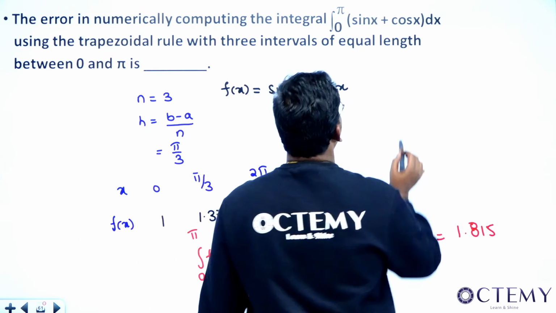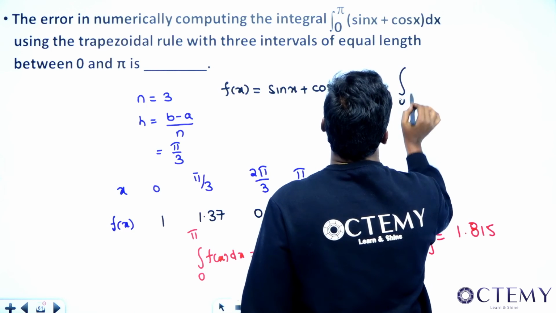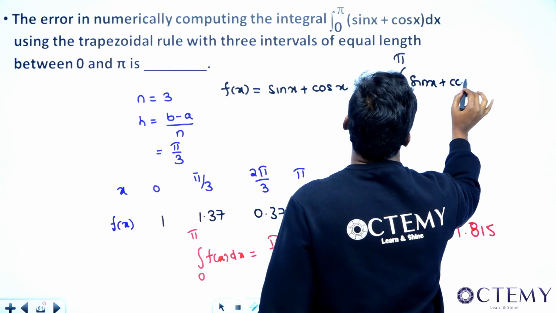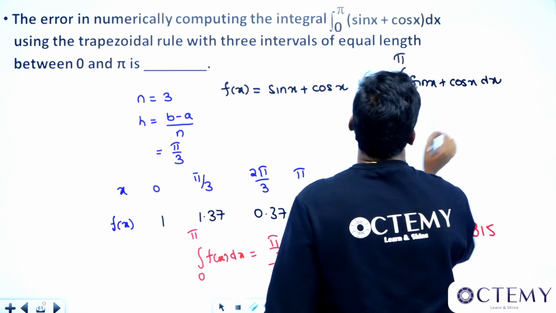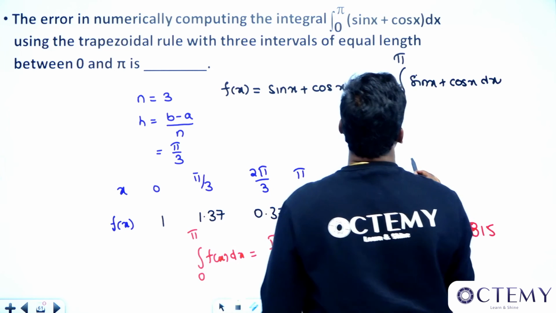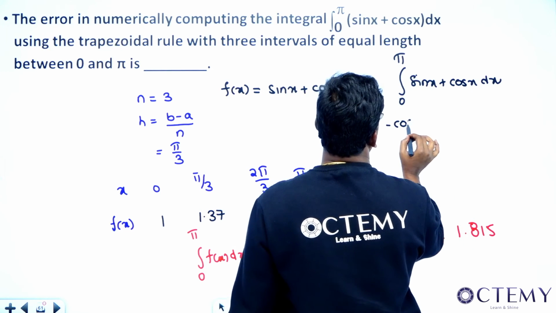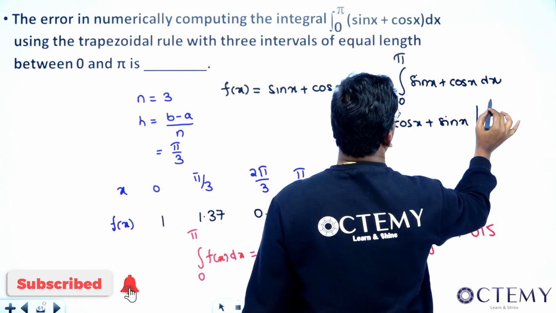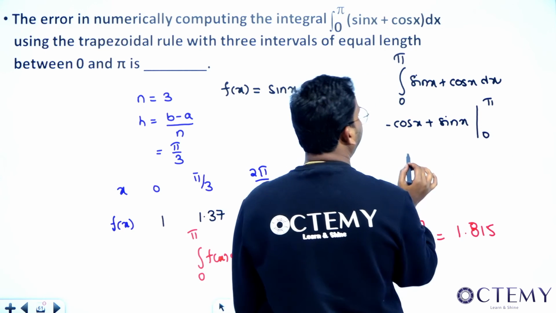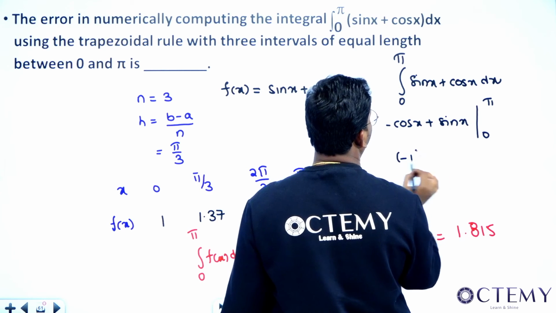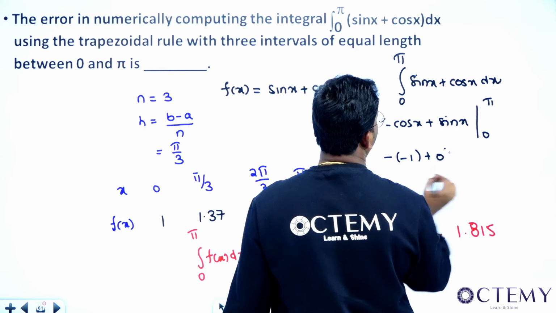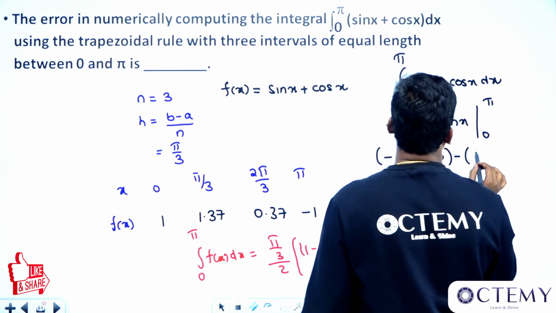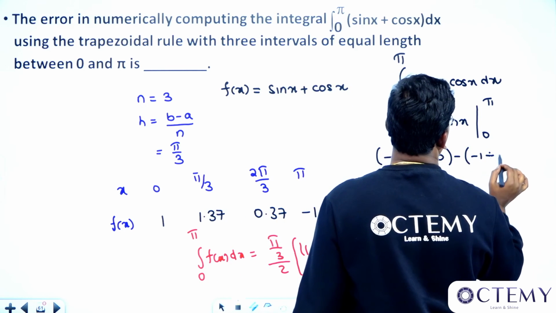Error means we need the exact value. Whenever you want to find the exact value, integral from 0 to pi of sin x plus cos x dx. The integration of sin x is minus cos x, plus sin x, from 0 to pi. If you put pi, it will become minus 1, there is a minus already, plus 0, and minus, you put 0, you will get minus 1 plus 0.